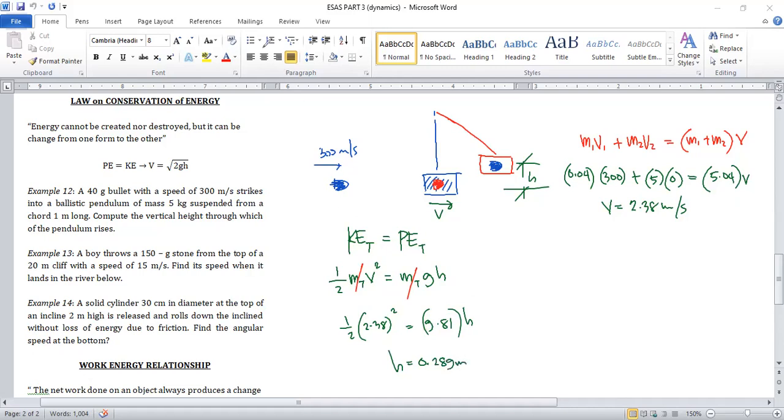Okay, so this should be the height for the given, and then we proceed to number 13.